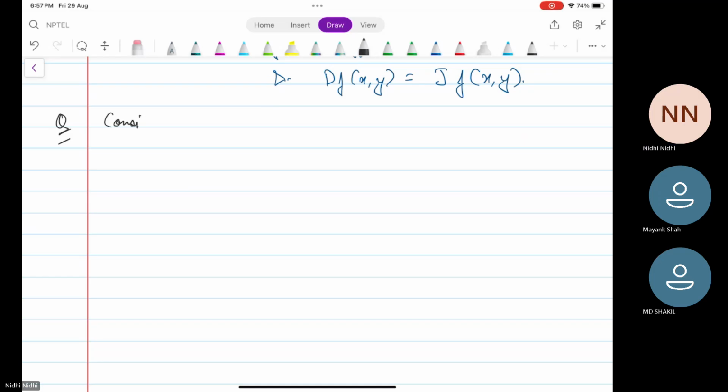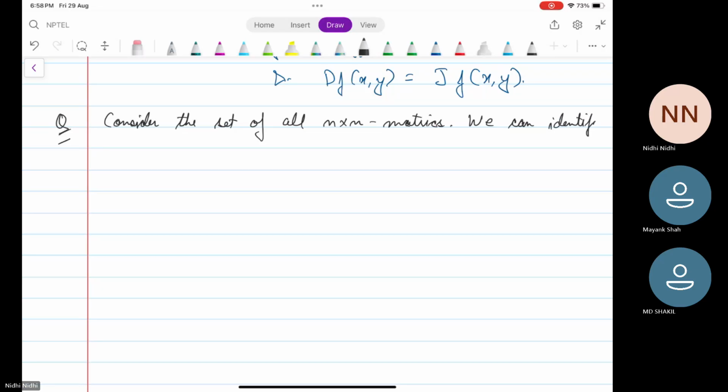Consider the set of all n cross n square matrices. We can identify this set with R^(n square) because eventually a matrix has n square terms, so we can write it as a tuple.